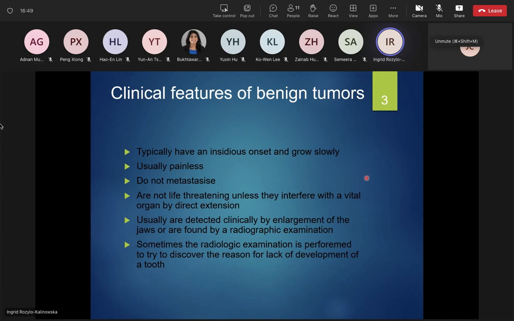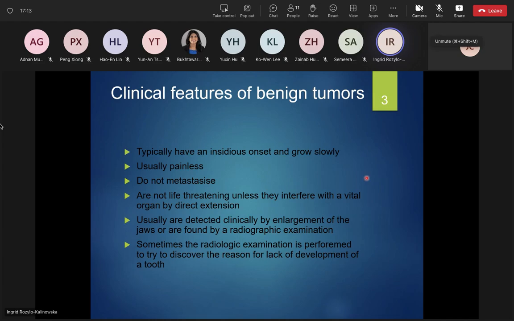And sometimes one of the signs of benign odontogenic tumors is the absence of a tooth in the dental arch in patients of developing age, and then a tumor is found as an incidental finding.